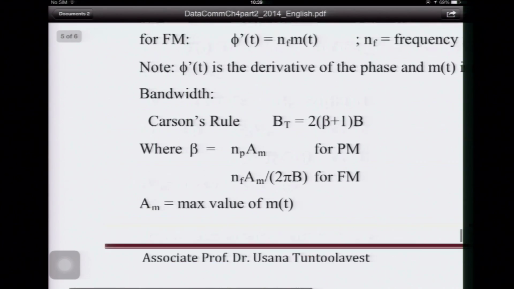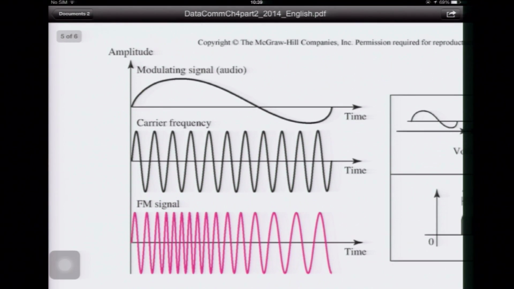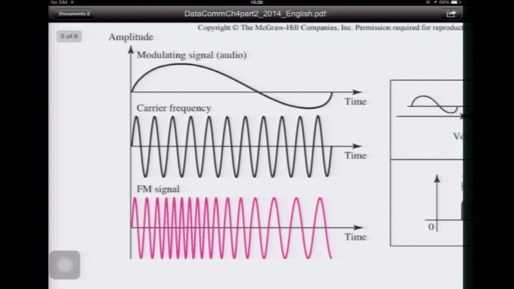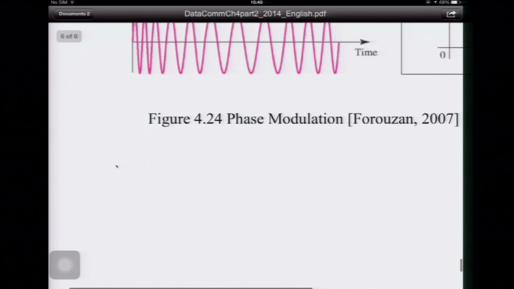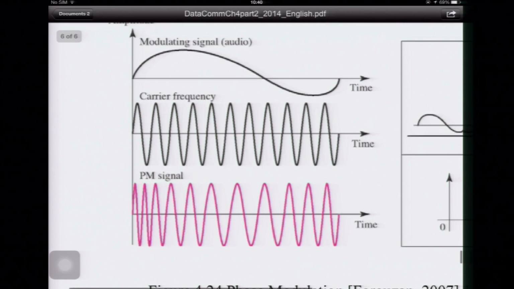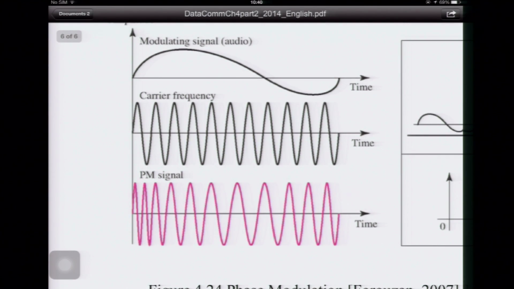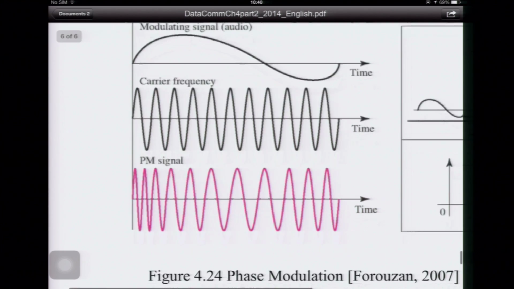If you compare with the previous picture, in that case, when the amplitude of the baseband is high, the number of circles is high. So the frequency follows the amplitude of the baseband in the FM case, but for this one, the frequency does not follow the amplitude. Only the phase follows the amplitude, so it's a little bit difficult to see.